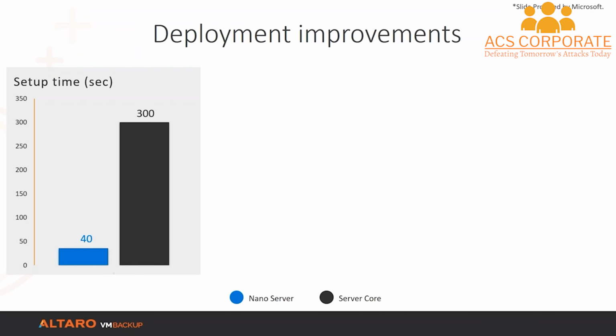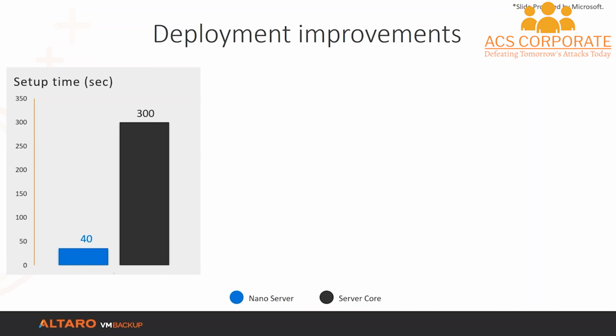Then for deployment improvements, installation time is about 40 seconds for Nano Server compared to 5 minutes for server core. We've done some things to optimize the install experience. You build an image offline that you put your drivers and everything in, so it doesn't have to go through the plug and play process. We've also moved some settings in the unattend to an offline section, so you can actually set your computer name offline with Nano Server.